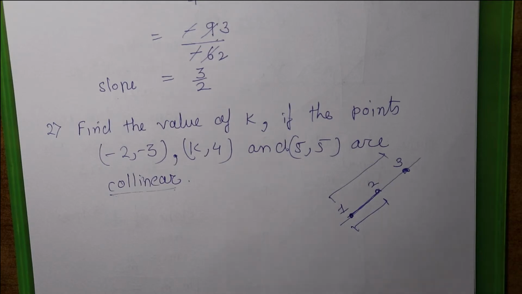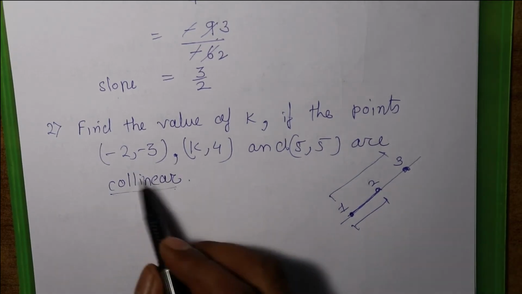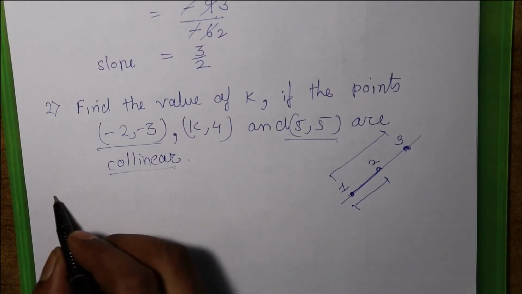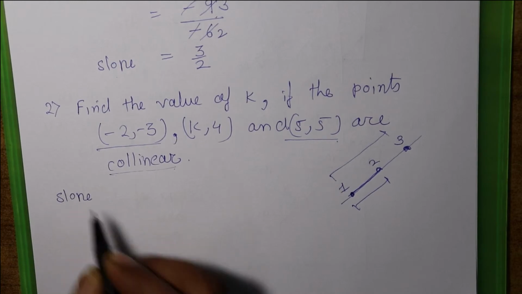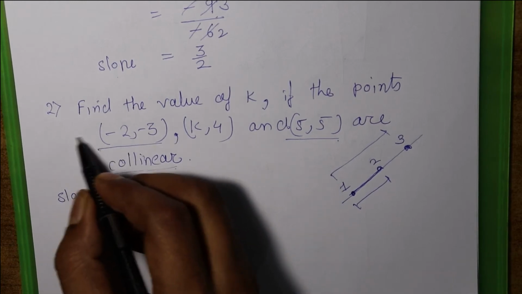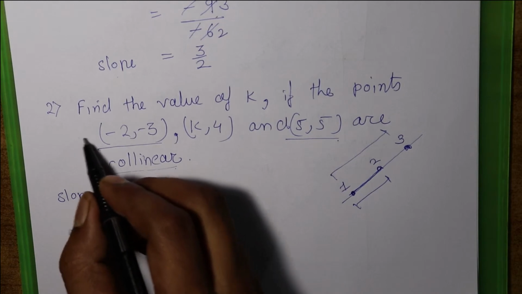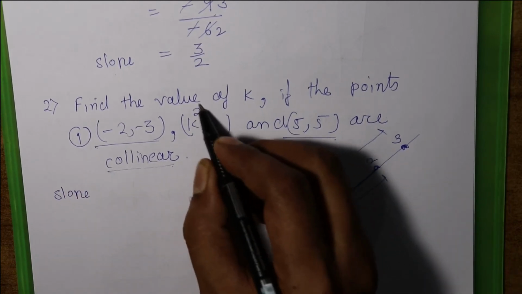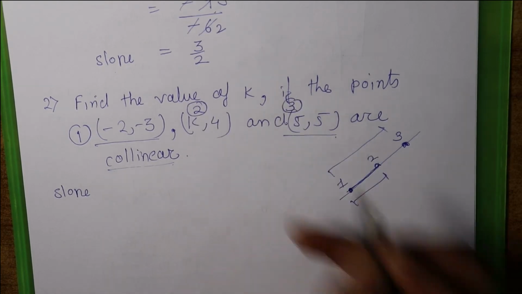So further we move on to find the slope of the line between this point and this point. I name this point as 1, this as the second point, this as the third point.